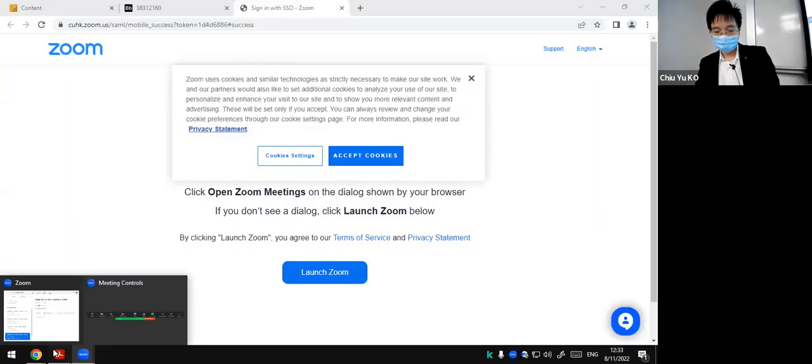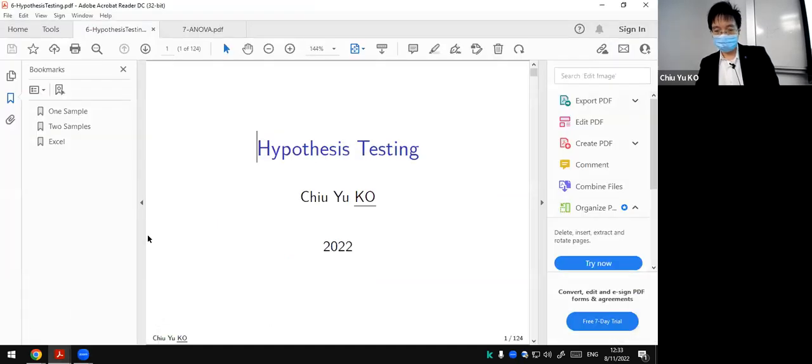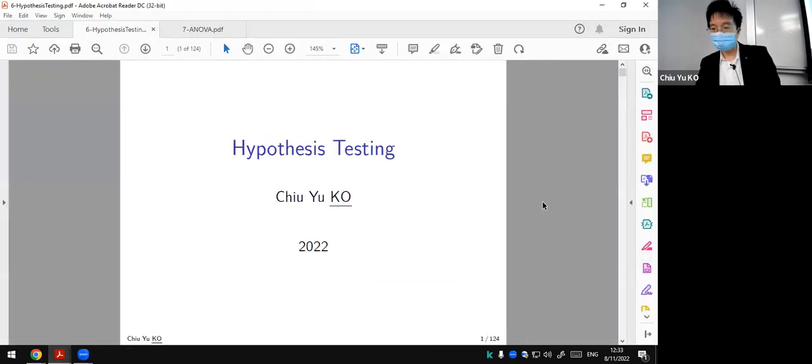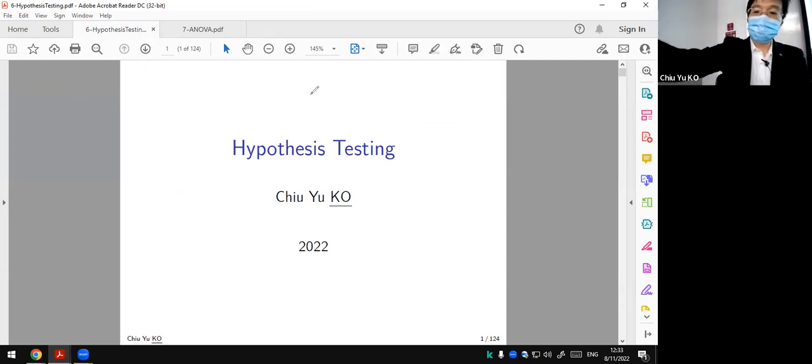So let us very quickly review the hypothesizing, because we are done with this topic today. Maybe it's good to use the whiteboard to describe what we've done.